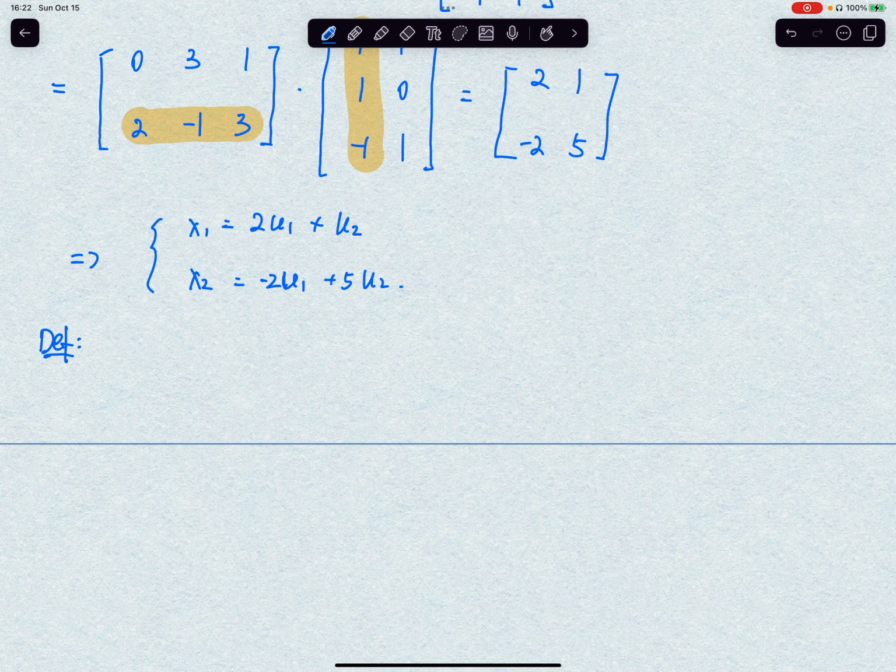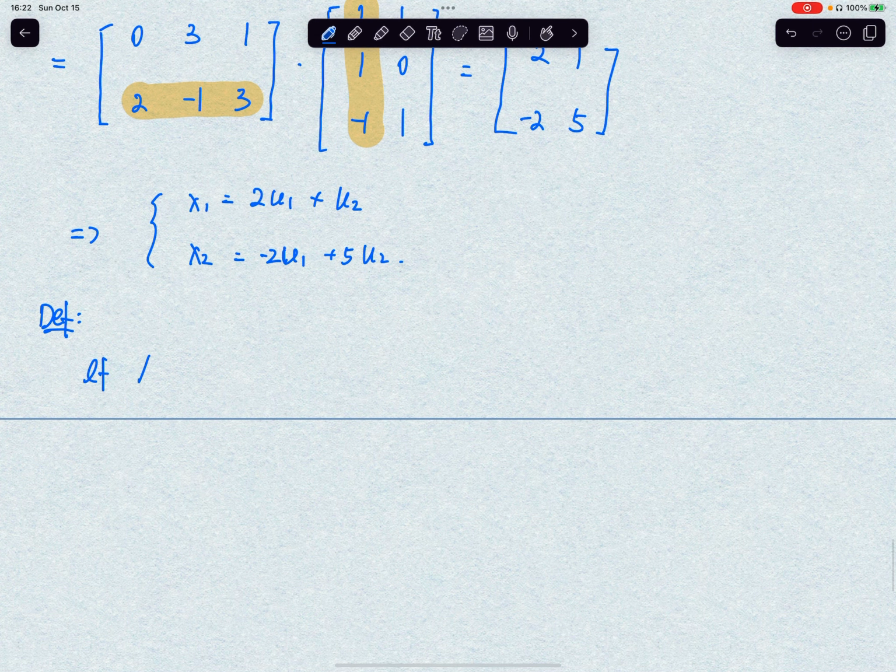Instead, we shall recall another very useful concept. It's called the power of a matrix. So if A is n by n, and if k is a positive integer, we also want 0 to be included. So k is defined to be in the positive integers union 0.